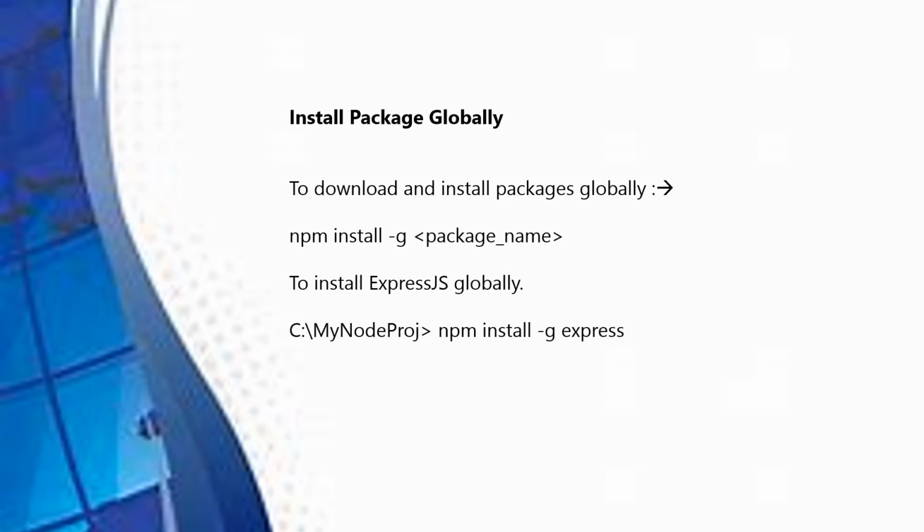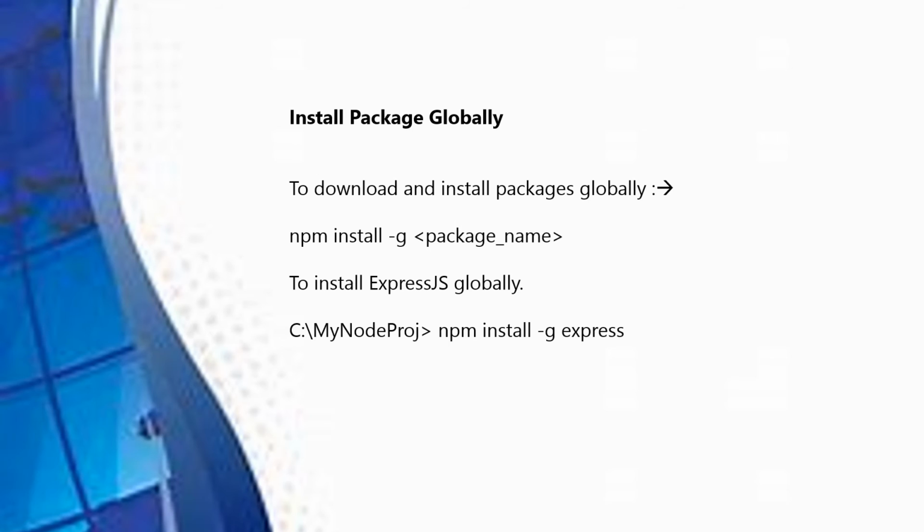If you get an EACCES permission error, for example, then you may need to reinstall npm with a version manager or manually change npm's default directory. npm installs global packages into the /usr/local/lib/node_modules folder.